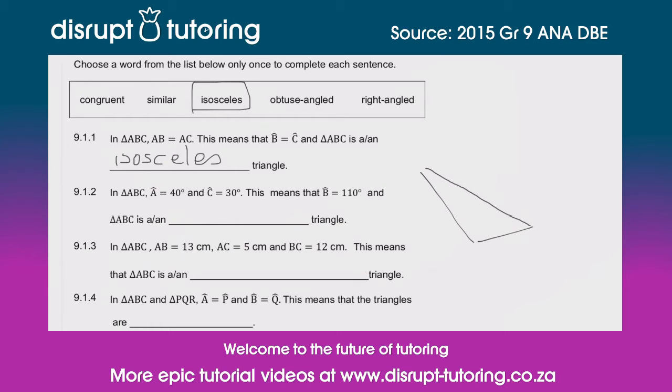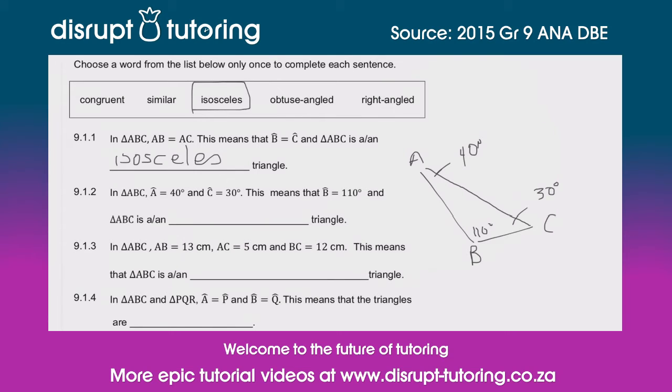This is going to be angle B, this is angle A, and this can be angle C. So there's our triangle ABC, and we know that angle B is 110 degrees, angle C is 30 degrees, and angle A is 40 degrees.